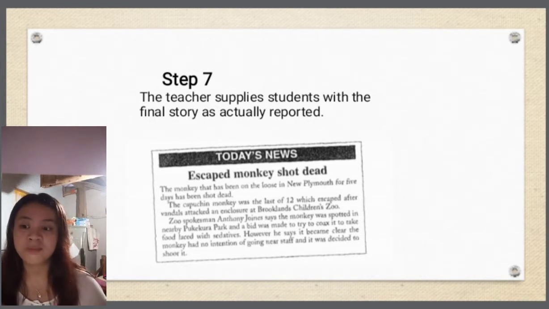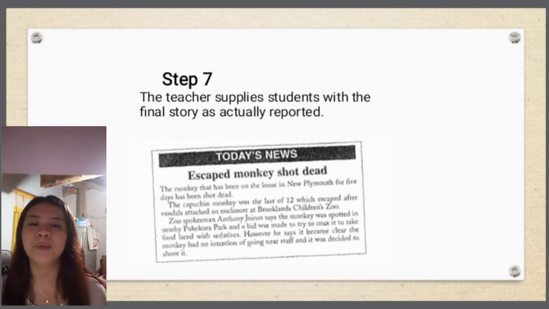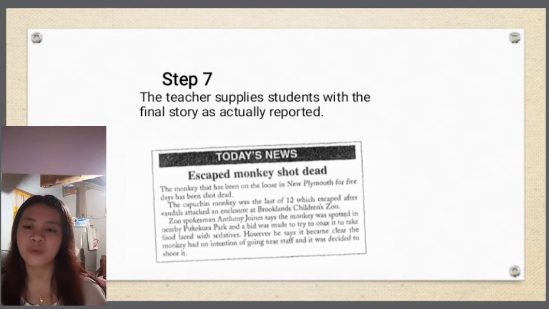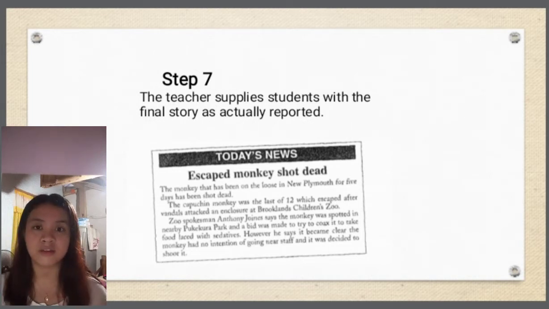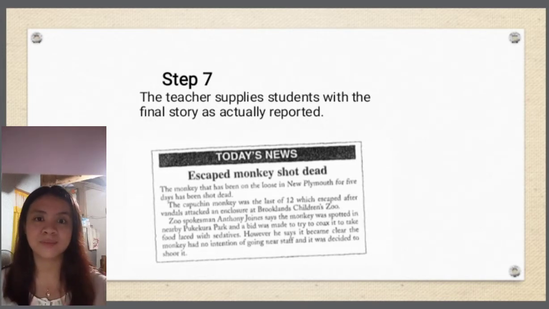Zoo spokesperson Anthony Jones says the monkey was spotted in nearby Pukura Park, and a bid was made to try to coax it to take food laced with sedatives. However, he says it became clear the monkey had no intention of going near staff, and it was decided to shoot it. So that is the outcome of the story.